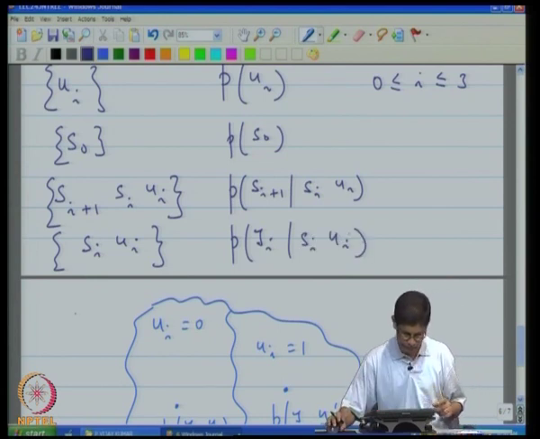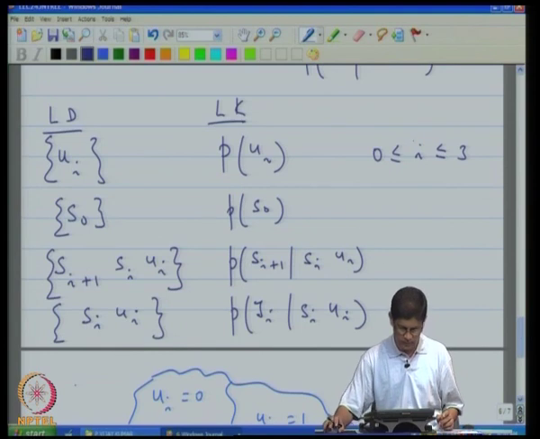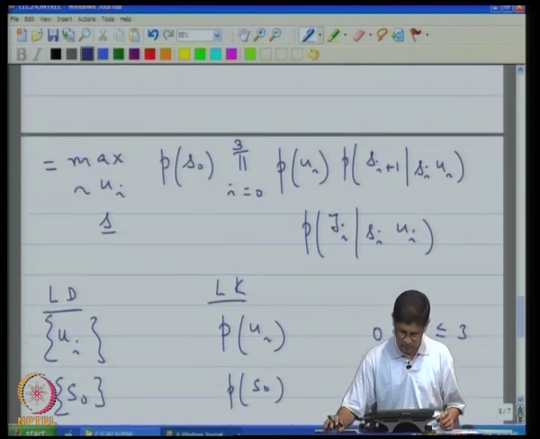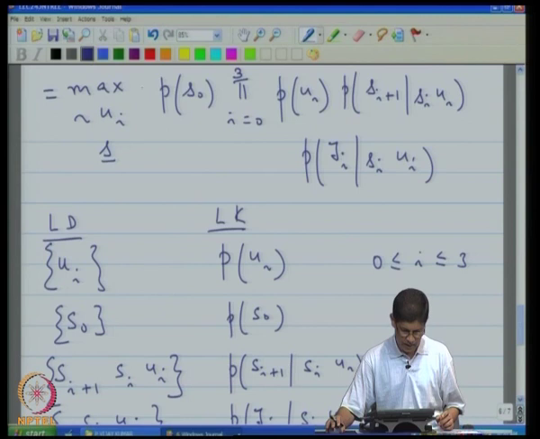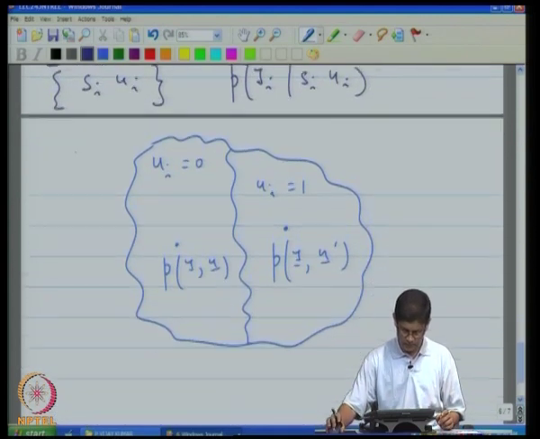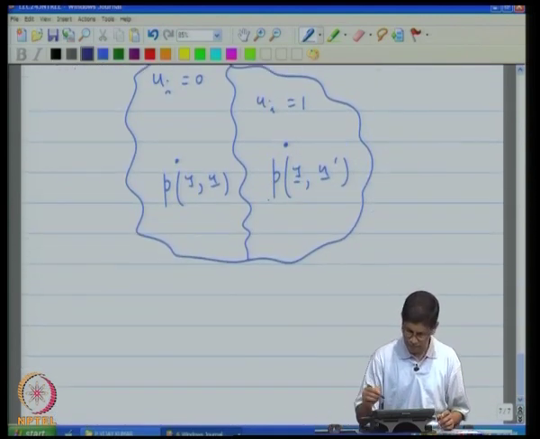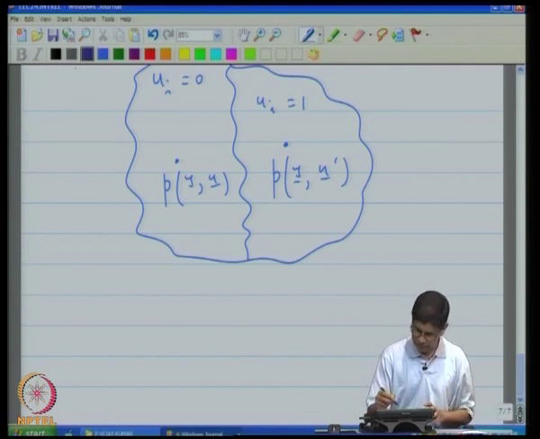So, then these are your local domains, these are your kernels, and you can see that you have multiplied these and are marginalizing this. Okay. All right.